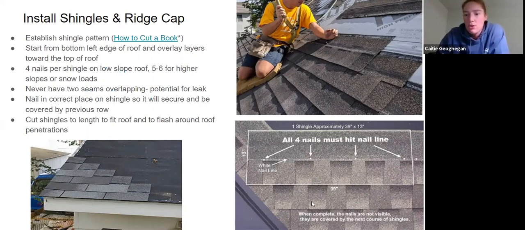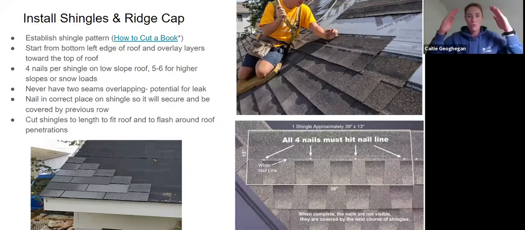And then I put a picture over here for the nailing pattern. So this also isn't rocket science. Basically, we want 4 nails in a shingle for low sloped roofs. And if we have a super steep roof like 10-12 or 12-12, like a barn roof, really, really steep, in that case, we want to put 6 nails in our shingles to give it a little extra bite into our roof.